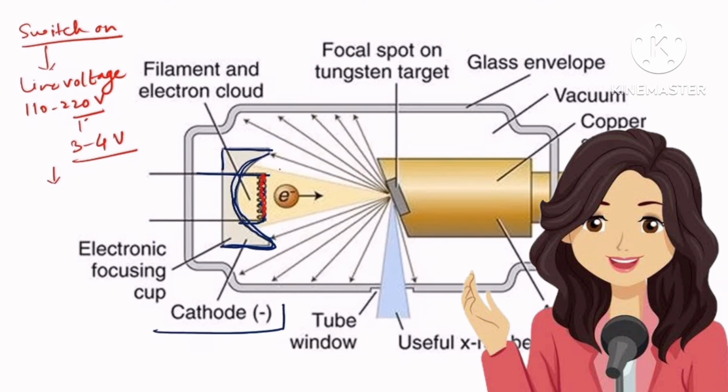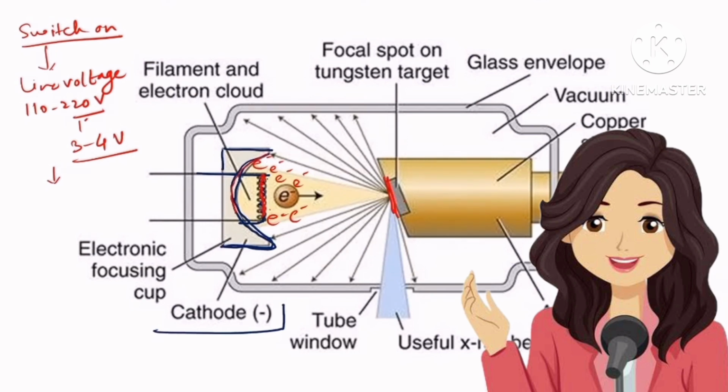An electron cloud is created here when you switch on the button, meaning a lot of electrons are created, and this cup will focus this electron cloud towards the anode. It restricts the electron cloud so that when you press the exposure button, the electron cloud moves with higher speed and kinetic energy towards the anode and hits the anode target.